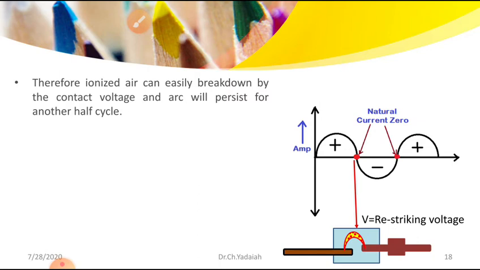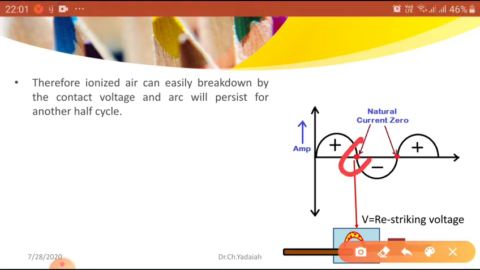Now we can see here, at the zero crossing time, the voltage present across the arc is known as the restriking voltage. Once the current comes to zero, the voltage across the two electrodes at that time is the restriking voltage.